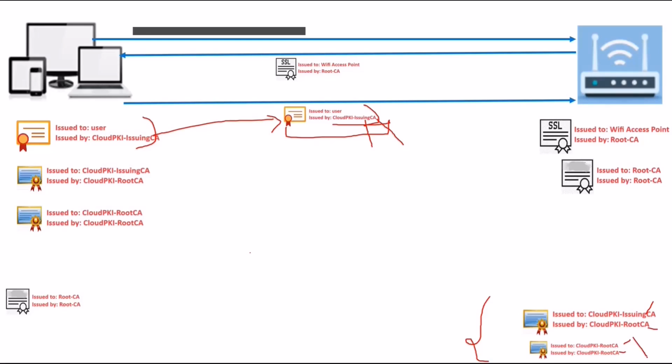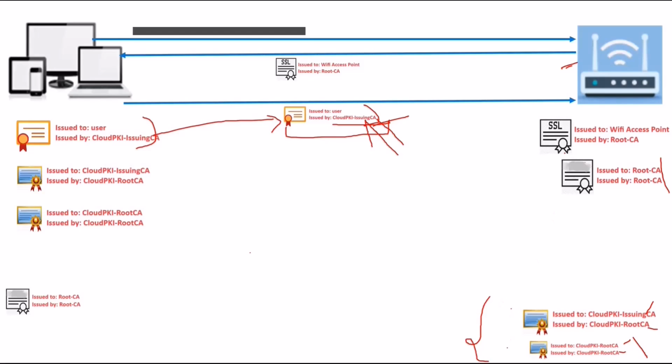And as we have already said, this is not the same as this, because this is the certificate issued by the root to the root in the on-prem, and this is the certificate issued by the root to the root in Azure, in the cloud PKI. So for this Wi-Fi to trust this client authentication certificate, it needs to have the entire chain of this certificate installed in it, meaning these two certificates.